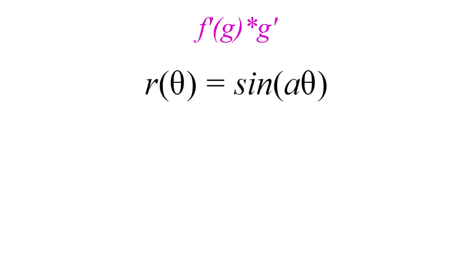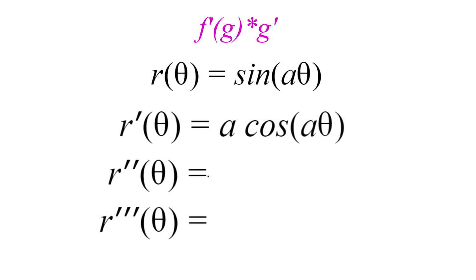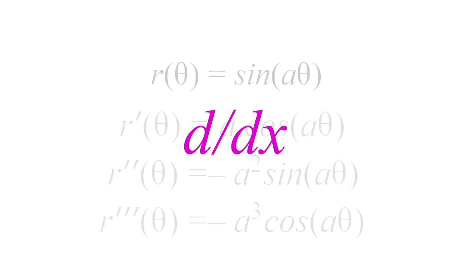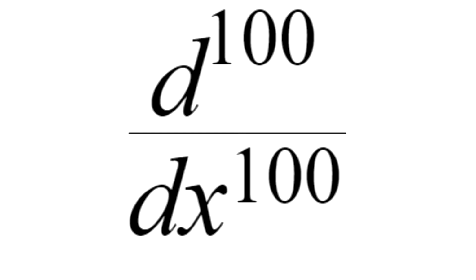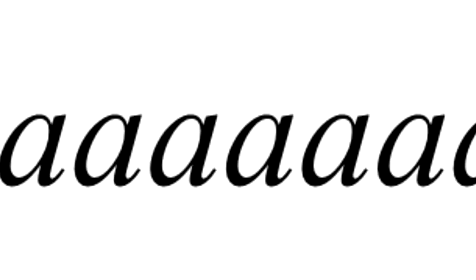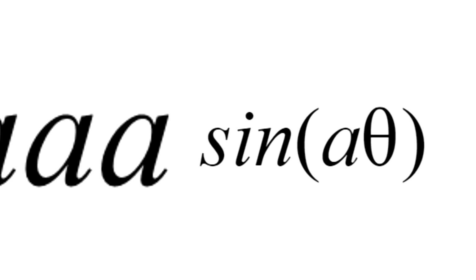By utilizing that rule, our derivatives would be as follows: a cosine a theta, negative a squared sine a theta, negative a cubed cosine a theta. Since taking the next derivative creates an extra a, then taking the 100th derivative would sound like sine of a theta.